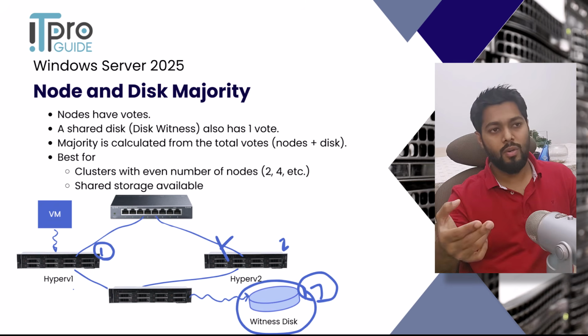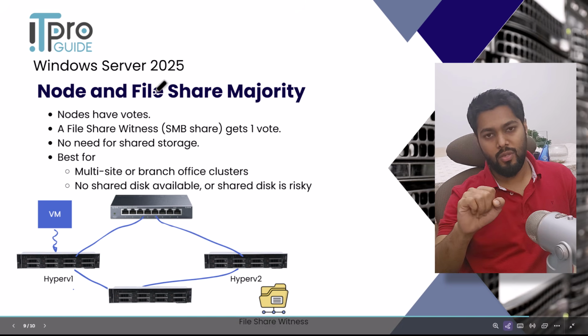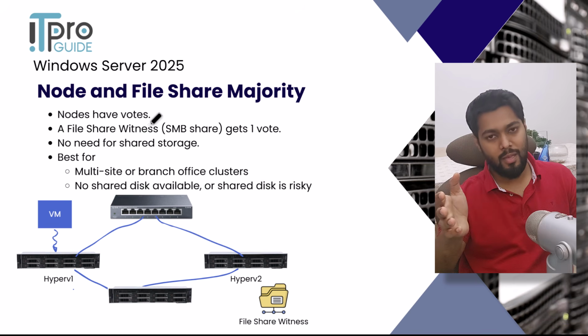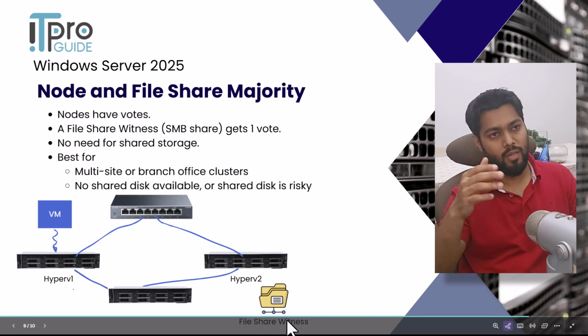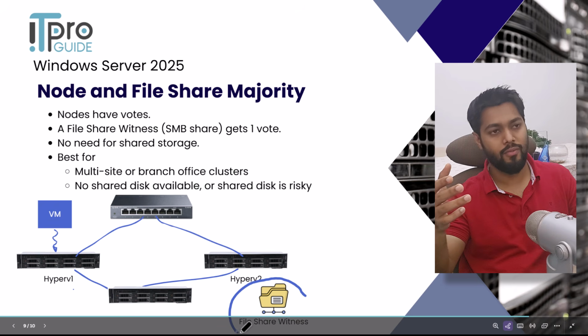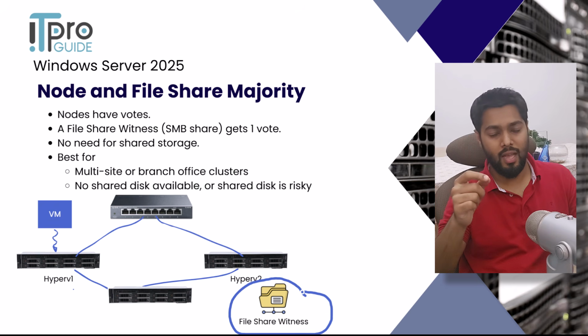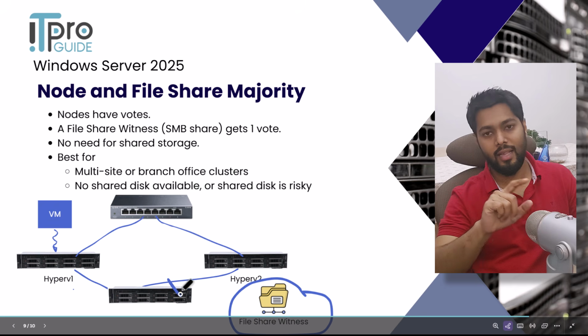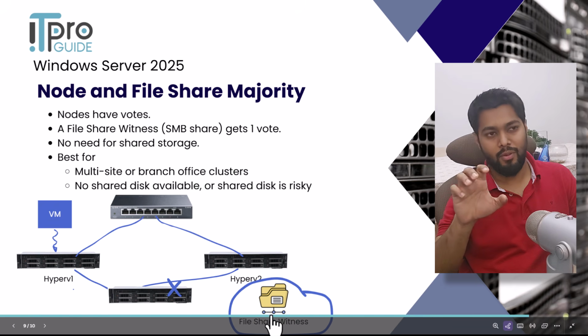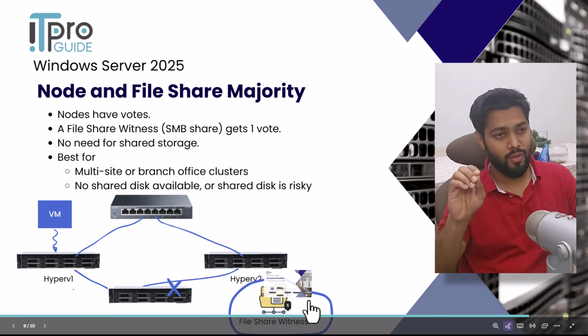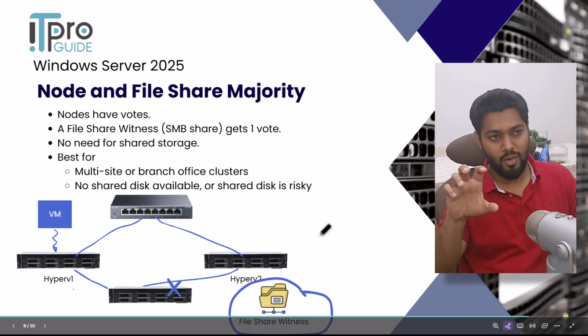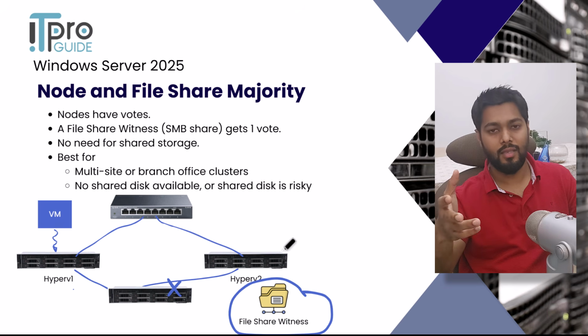The next one is node and file share majority. This model is exactly the same as what we discussed in the previous one, node and disk. The only difference is this model replaces the witness disk with a file share witness. This is a very simple SMB file share, and this option is very good if you don't have shared storage or you are running a multi-site cluster.